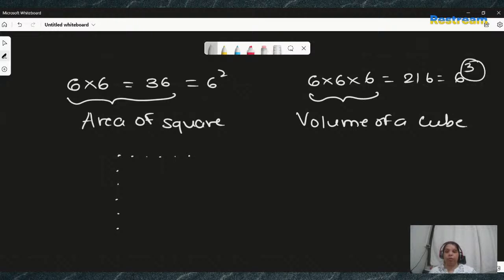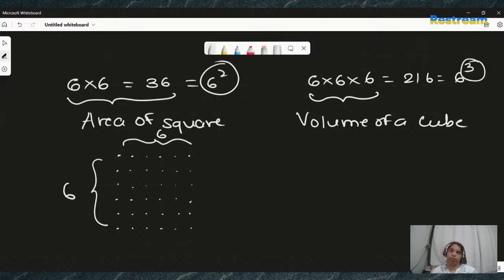Okay, so if I do this, 1, 2, if you count, there are going to be 36 dots in this. So 6 rows and 6 columns are going to give you 36 dots. So it is 6 square.